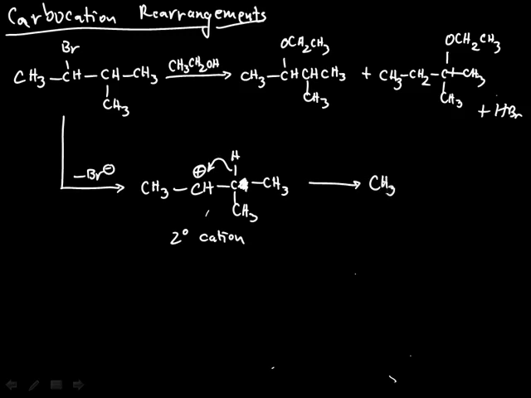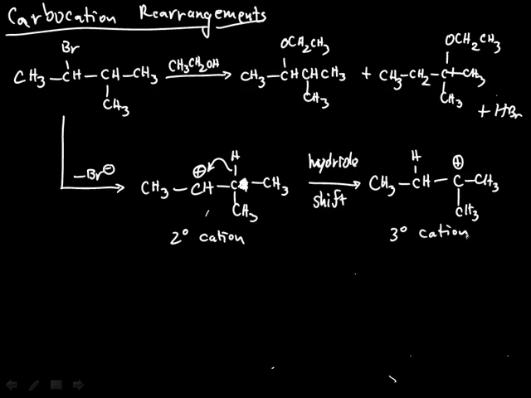This movement is very quick, and it's known under the term hydride shift, because hydrogen moves with its electron pair. Now we have CH2 here, but the original carbon where hydrogen was remains positive, since hydrogen moved as a hydride. And this is now a tertiary cation, which is more stable.